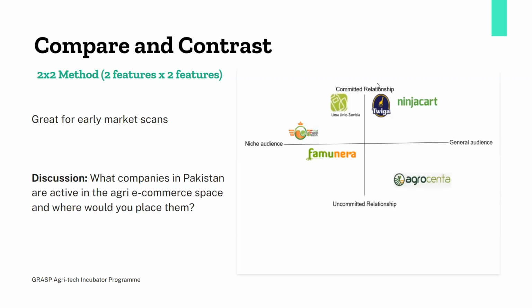Compare that to Twiga. Now, Twiga is one of the biggest agri-tech plays in e-commerce, massive valuation. And they have very, very strong buyer and seller relationships through longer term contracts. And so, very committed relationships, serve the mass market, very general audience, and they do that.